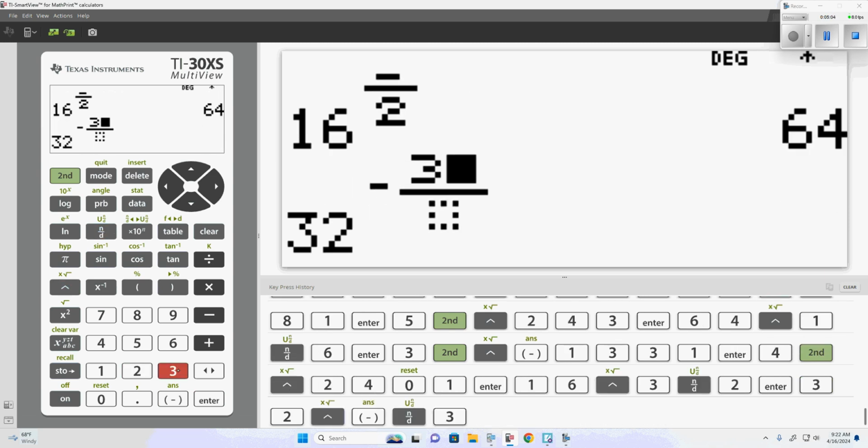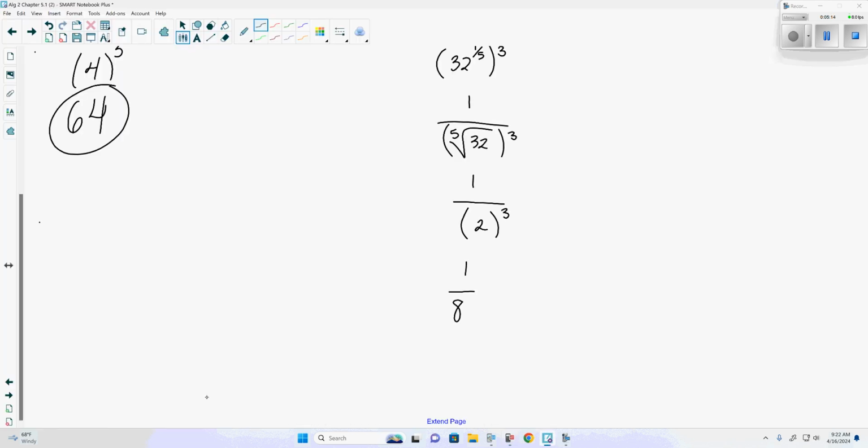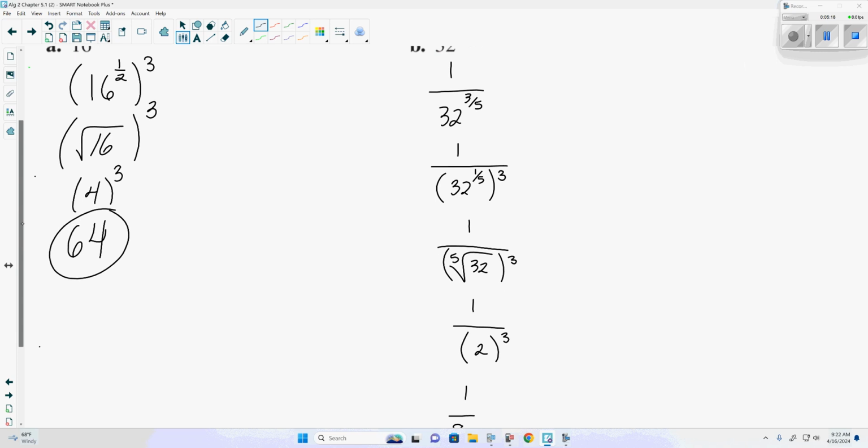The calculator can do it for us. But it's good to have an understanding of this. And if you do end up taking the ACT again, they might ask a question like that.